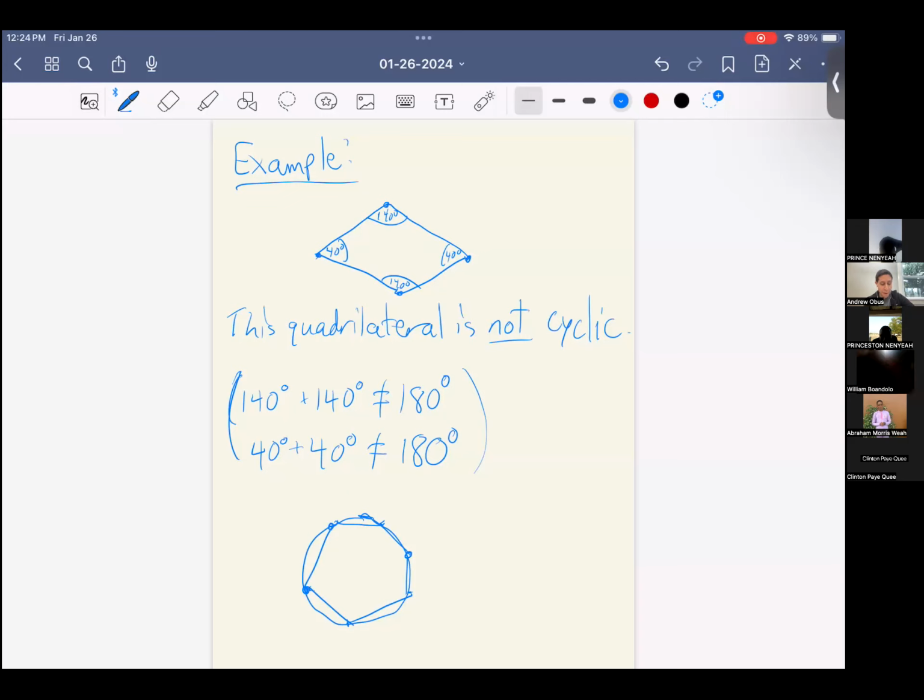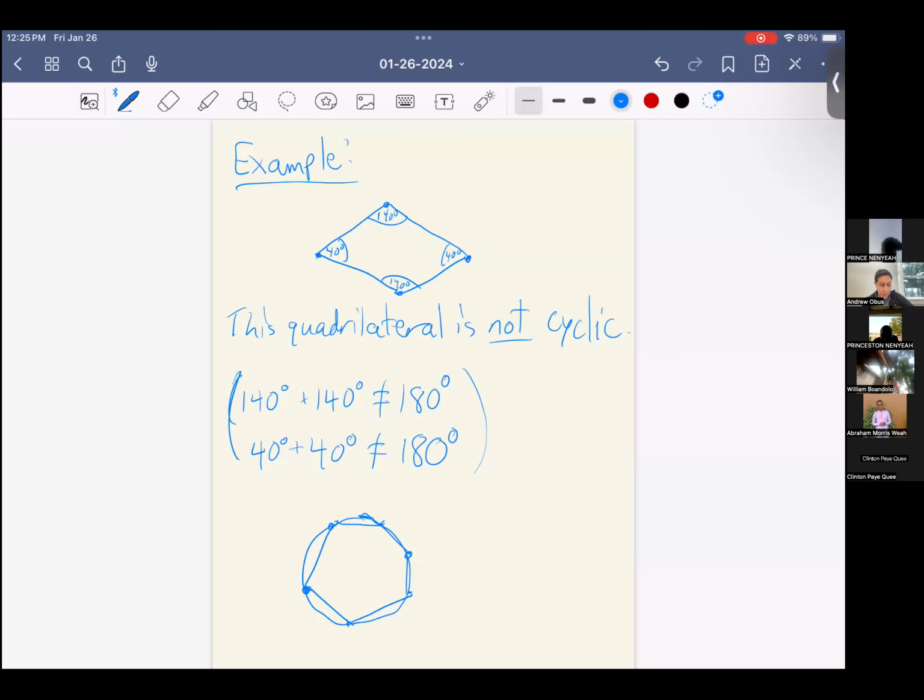Okay, it has to have a very special property to be cyclic. For quadrilaterals, this is the property, and for higher sided polygons, the property gets more complicated. There's more things that have to be satisfied, and it's less likely that if you just draw a pentagon or a hexagon, it will be cyclic. So they exist, but they're rare.